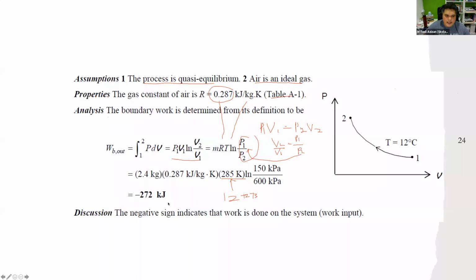You'll get negative 272, which means it's a compression, work done to the system. Work is done onto the system, not by the system. So you see, it's actually not that difficult.